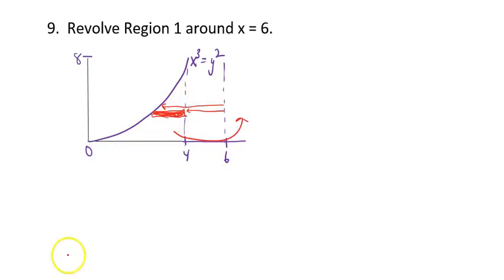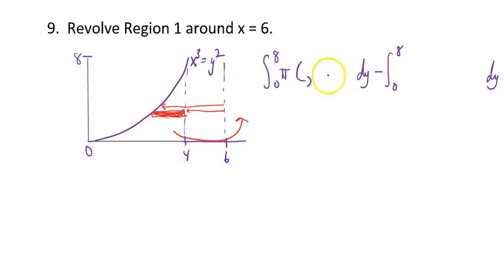Because you had to draw 2, you know you have 2 integrals. So I'm going to have integral minus integral. They are horizontal rectangles, so that's dy, so I'm going to go from 0 to 8 and have dy's. And again, we are using pi r squared.